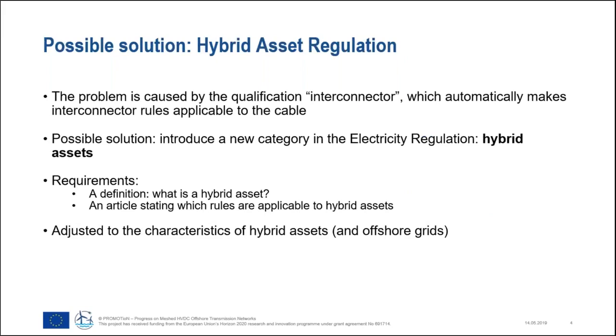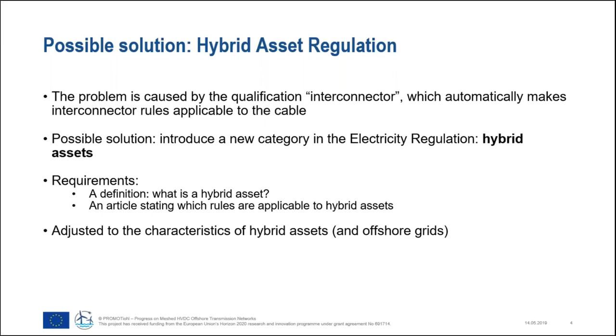The problem that we are looking at is actually caused by the qualification as interconnector, which automatically means that the interconnector rules are applicable to the cable. One possible solution to circumvent this is to introduce a new category in the electricity regulation: hybrid assets.